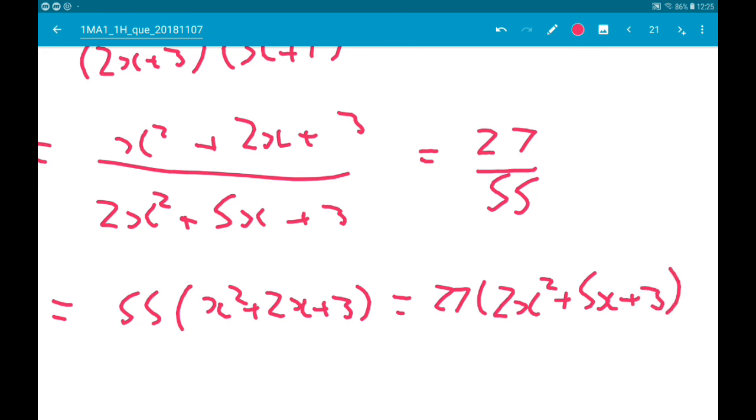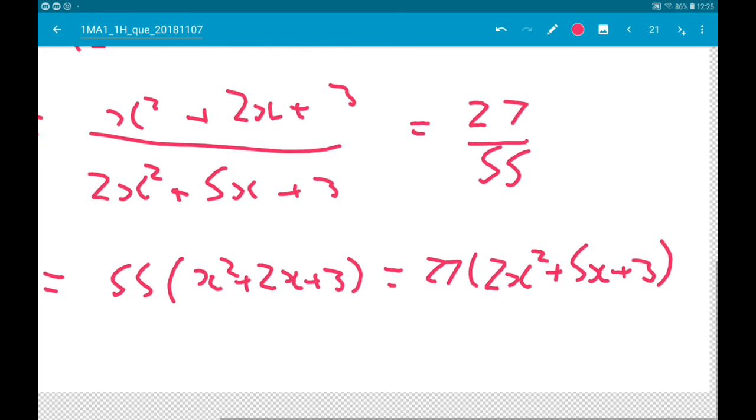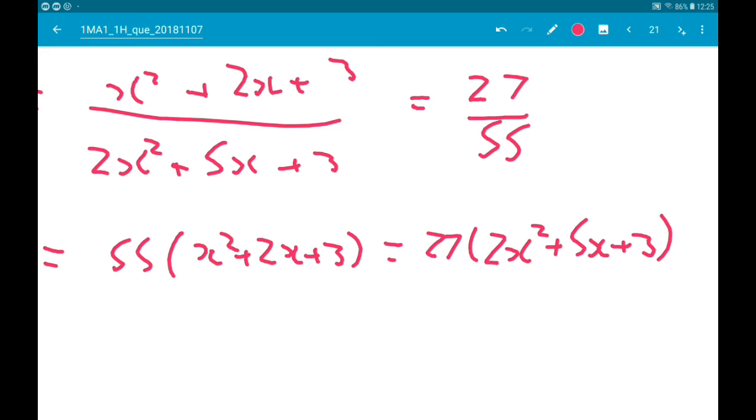We're going to expand both sides. So, we are going to get 55x squared add 110x add 165.